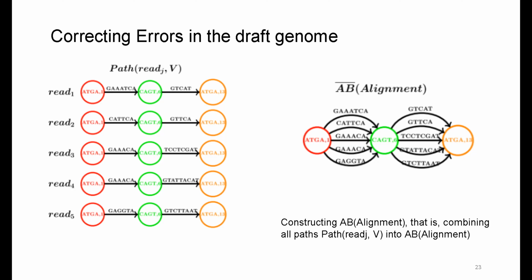And we define the match, substitution, and deletion rates at position E as the number of matches, substitutions, and deletions, and insertions, all divided by Cov.